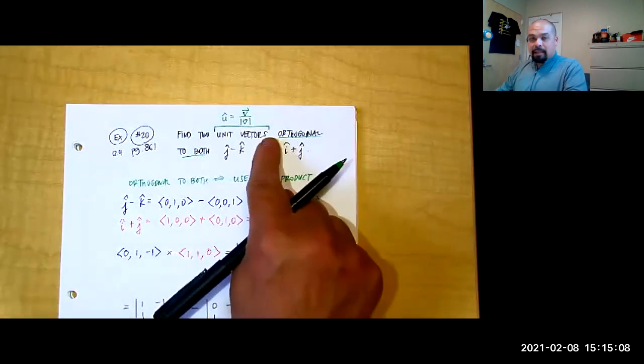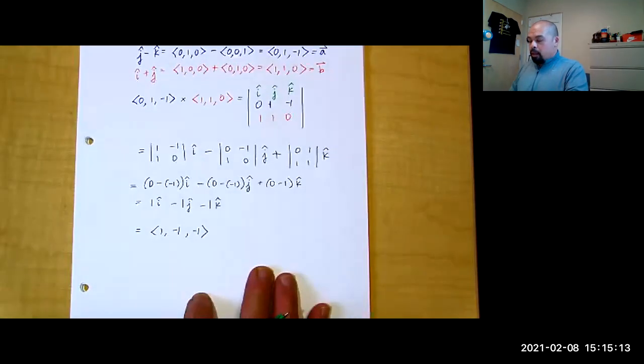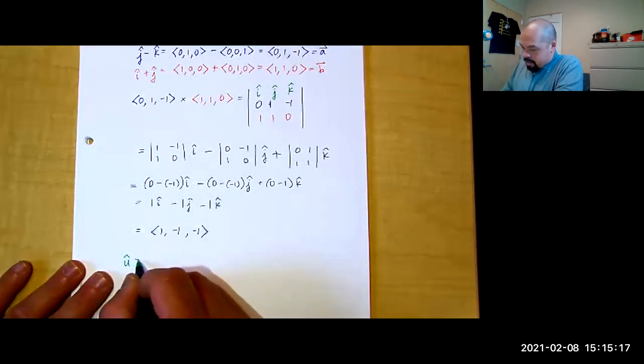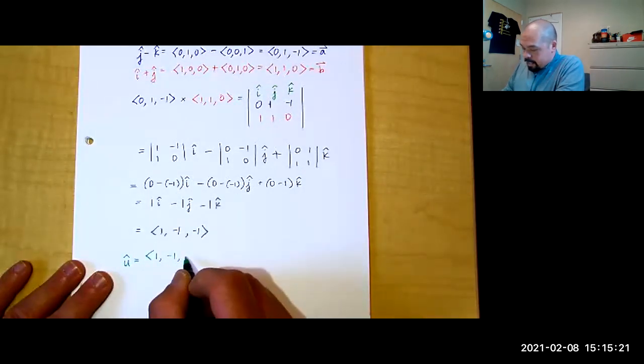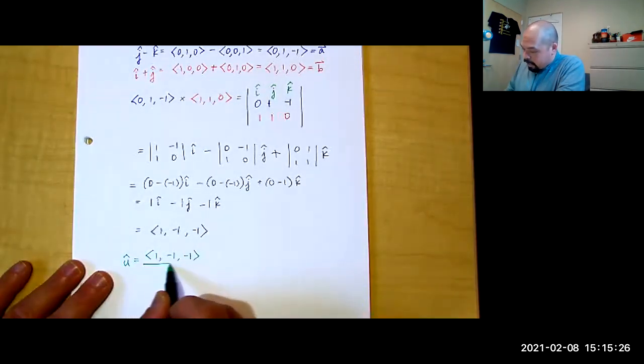We'll talk about the pluralness of it in a second as well. So if I want a unit vector, I'm going to need to take my answer and divide by its magnitude.